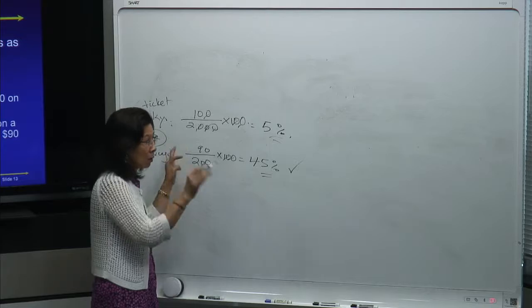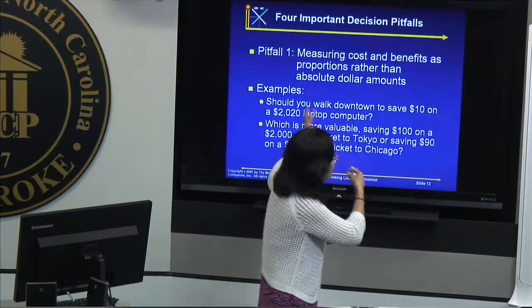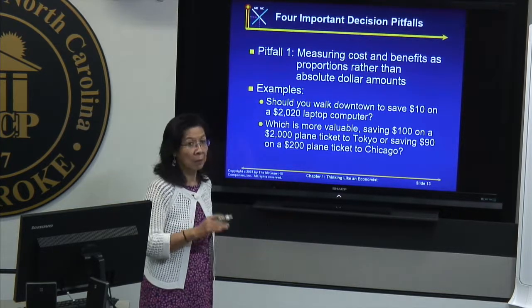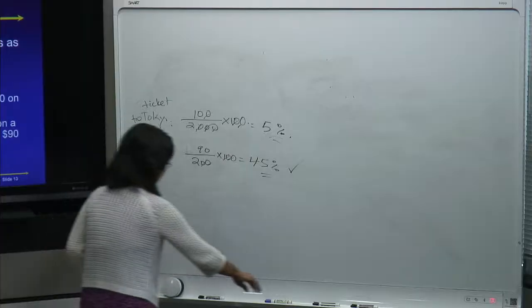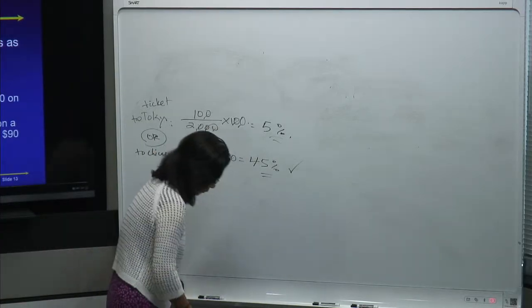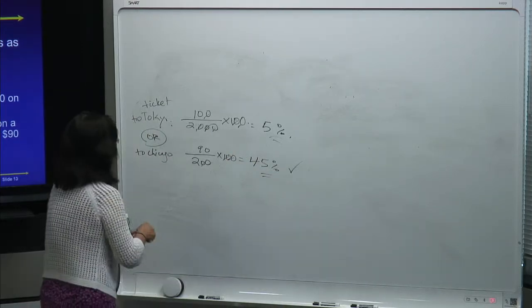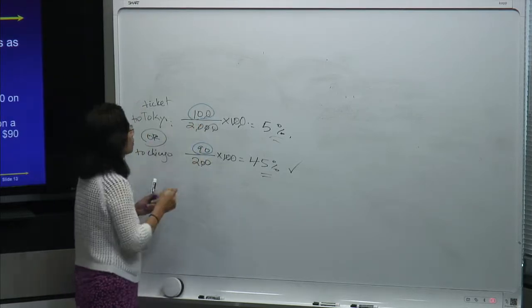So, wrong. This is a pitfall. If you focus on proportion, you might make the wrong decision, because the focus should be on the absolute value saved, which is $90 versus $100.